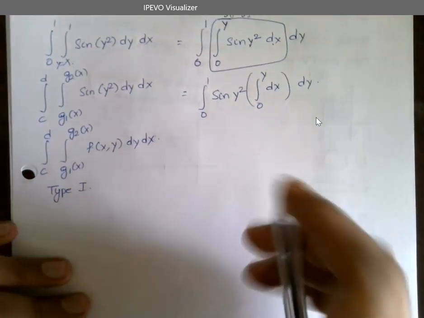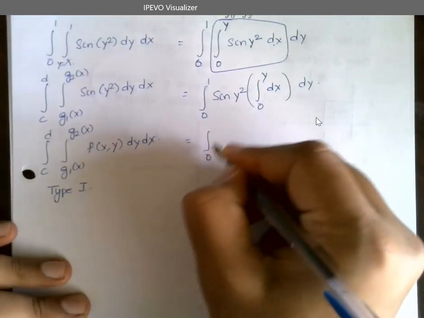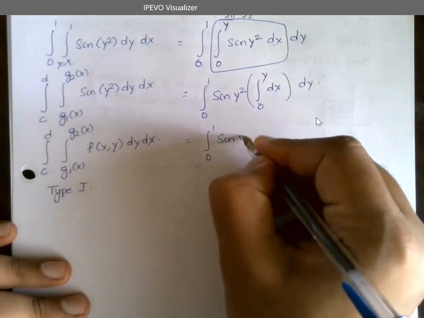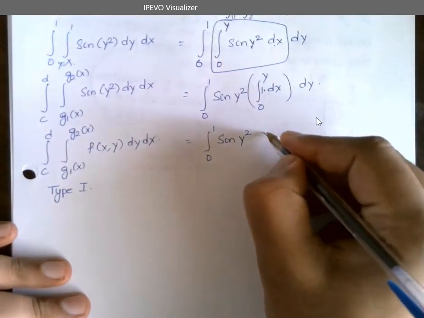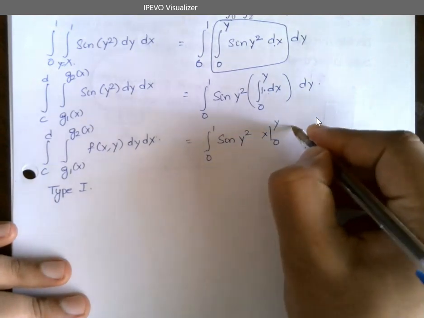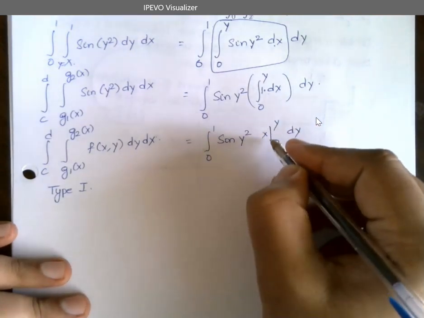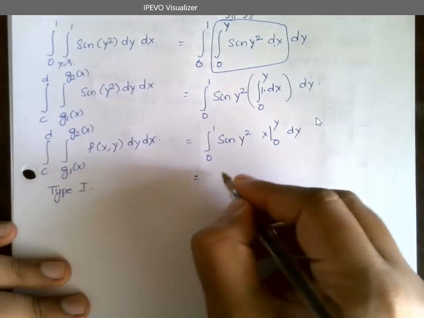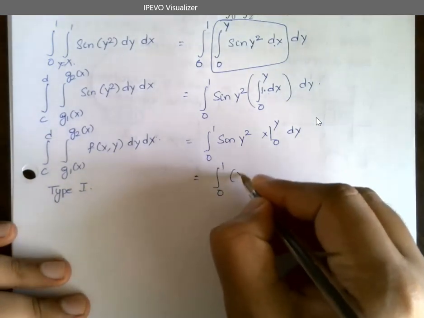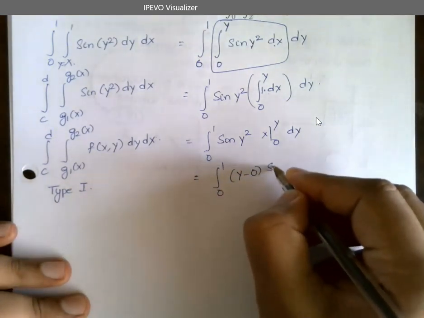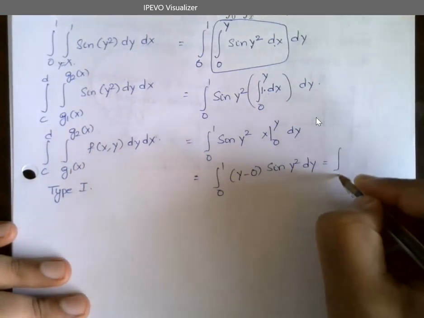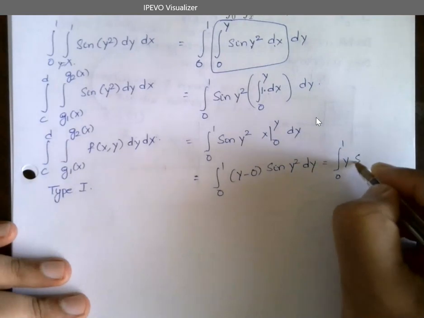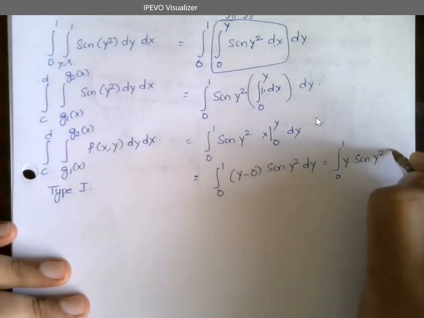Now when you integrate this, the integral of 1 is x itself, and upon substituting the limits of integration from 0 to y, you get y minus 0, so you get sine y squared dy. So that's going to be the integral from 0 to 1 of y sine y squared dy.